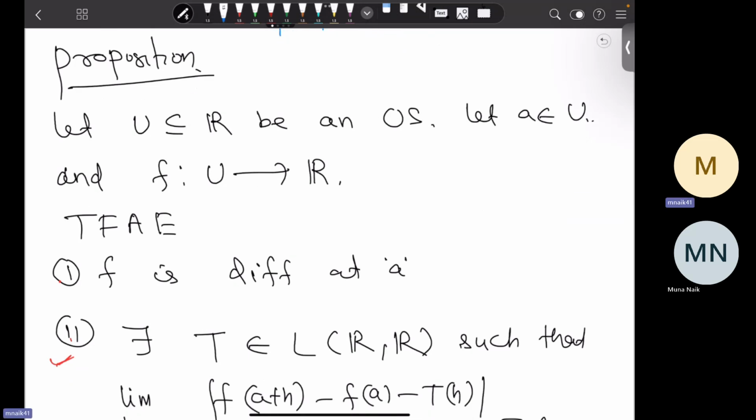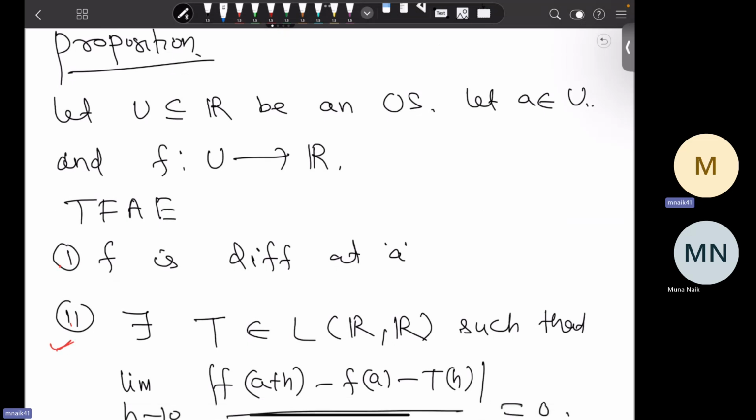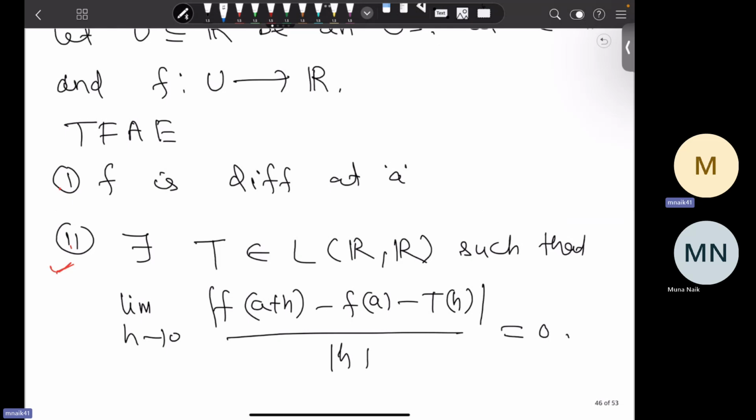Let U subset of R be an open set. Let A belong to U. And f is a function from U to R. Then the following are equivalent. f is differentiable at A if and only if there is a linear map T from R to R, so that limit h tends to 0 of mod of f of a plus h minus f of a minus T h by modulus of h is equal to 0.